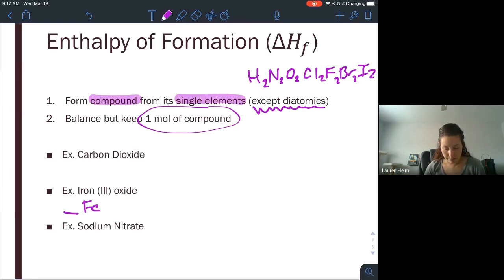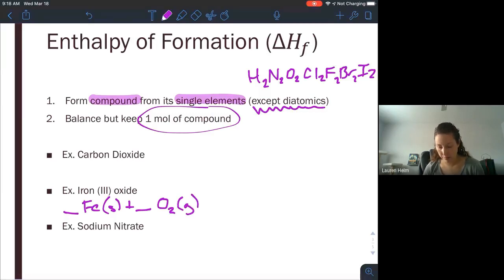So iron, which is a solid at room temperature. How do I know the state of matter? If you look at a periodic table, say the one in your textbook, or if you do a Google search for dynamic periodic table, it tells you what state it's in at room temperature. Iron is a solid at room temperature, plus oxygen, which is a diatomic and a gas at room temperature.